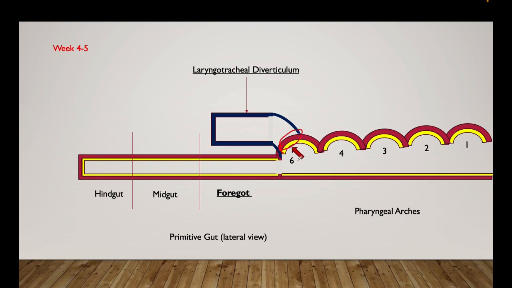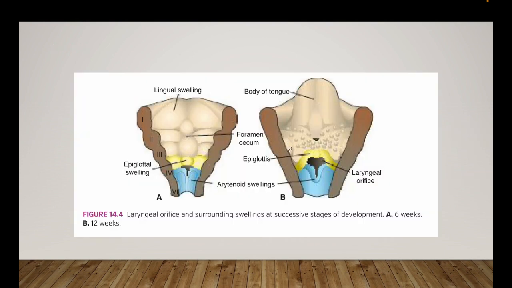Imagine that you are inside the pharyngeal arches right here and you are looking towards this direction. What will you see? You will see this. What happens is the formation of an orifice, an opening right here, a T-shaped opening, as you notice, that will connect the primitive tube to the laryngotracheal diverticulum.